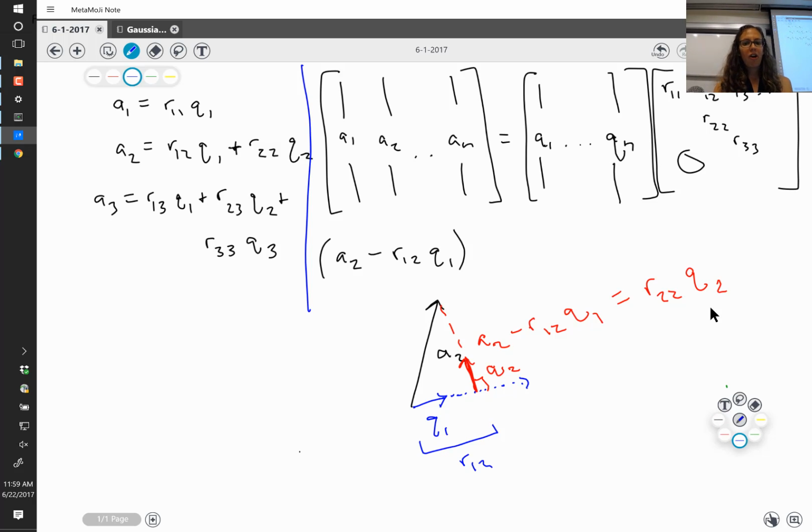Can I erase the drawing from finding Q2?